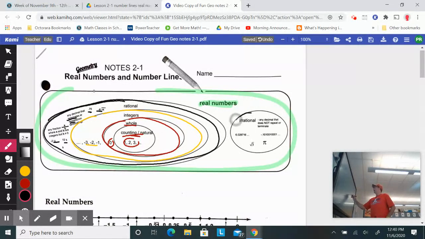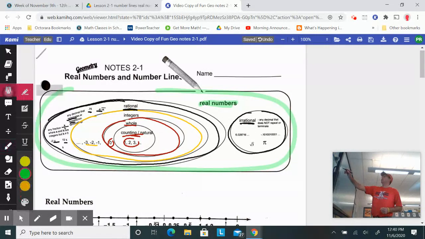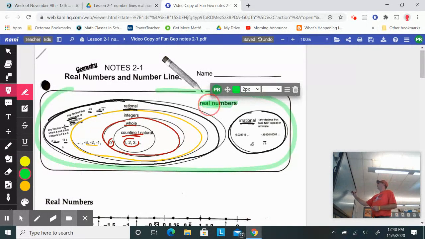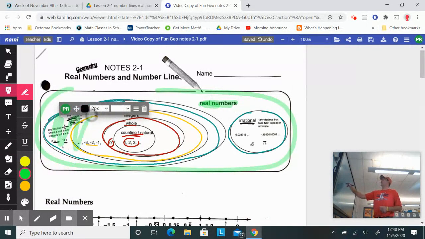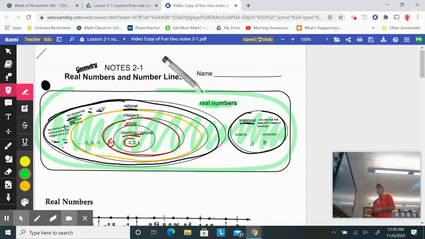Then you go to the irrational numbers, which are all those decimals that never end, never repeat, like pi or the square root of 3. And when you combine the irrational and the rational numbers together, you end up with this set of real numbers. So all these other sets together are the real numbers.